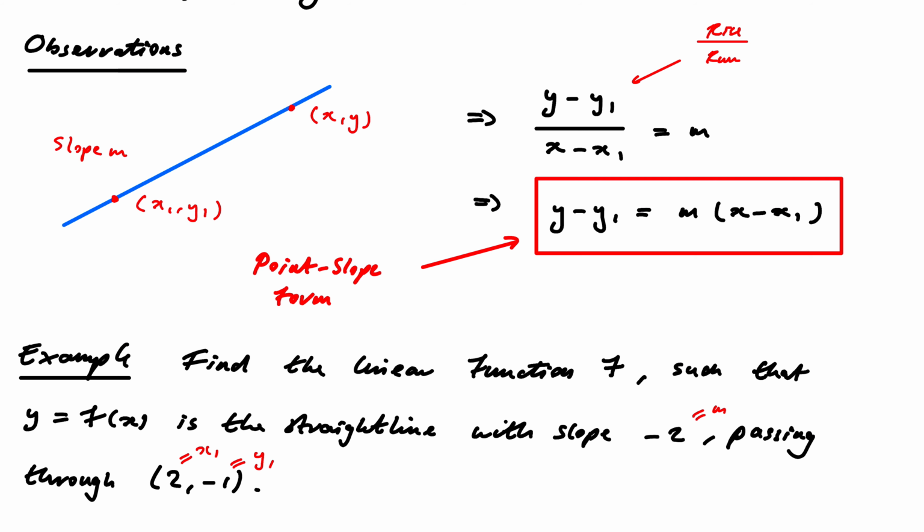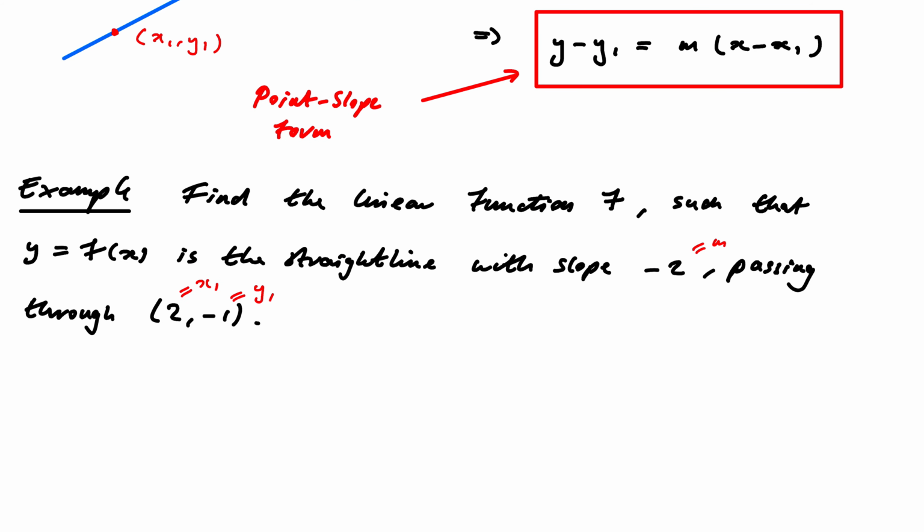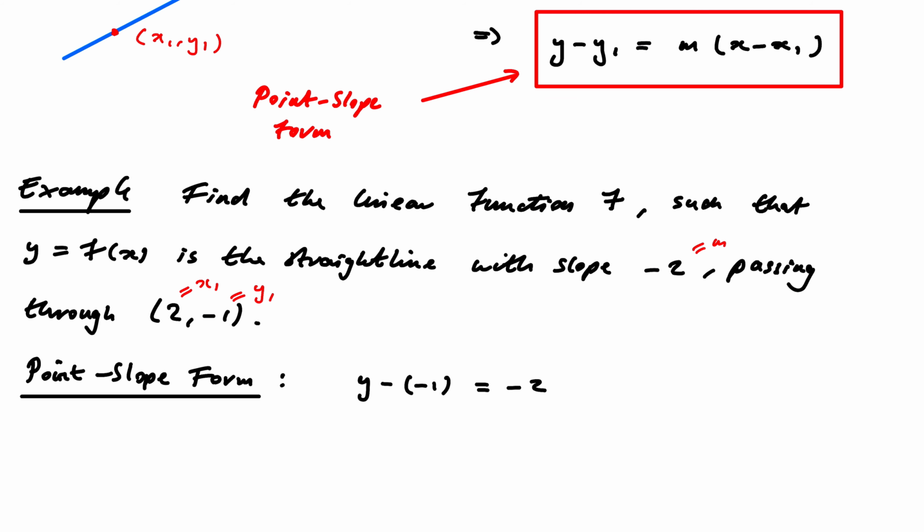So the beauty of this is I can just immediately swoop in with point slope form. The point slope form is what? It's y minus y1, so that's minus -1, you've got to be very careful here, is equal to -2 times x minus 2.